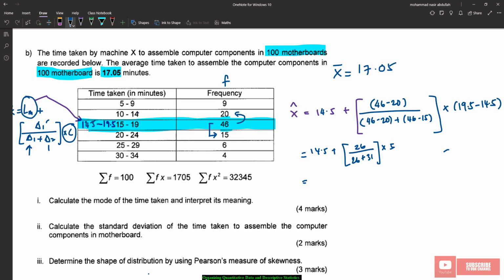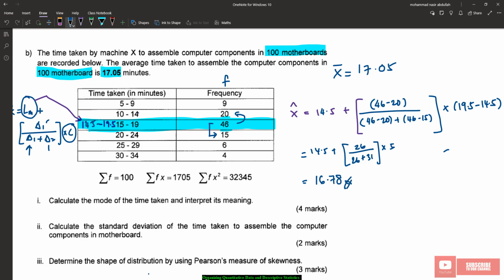What is the answer? It should be 16.78. Yeah.